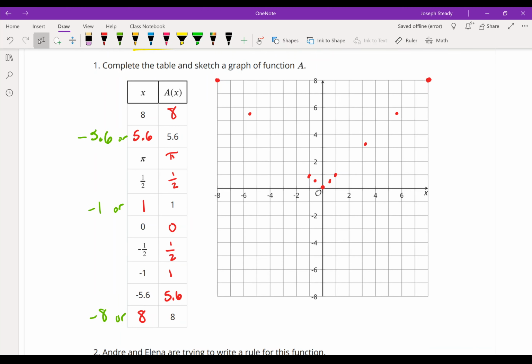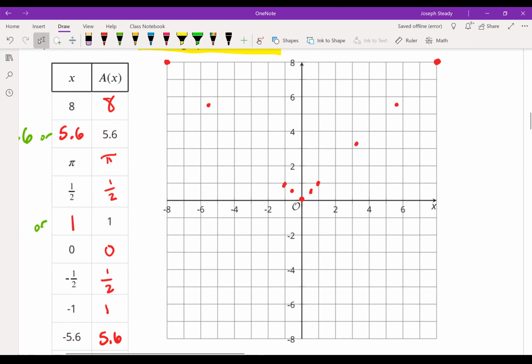So I finished filling in all of the points that we had from this table of values. But now I can go a step further here because they ask me to sketch a graph of function a. And these are not the only numbers that are on function a. Remember, they just gave me some examples to consider. So let me zoom in a little bit here.